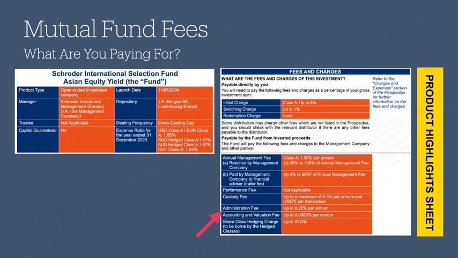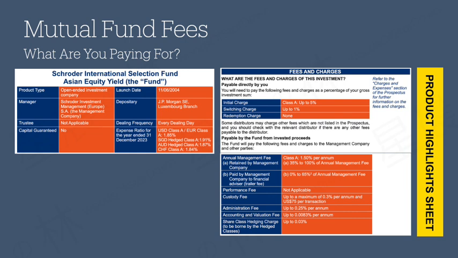Performance fee is not applicable for this fund. The rest of the fees, such as custody fee, administration fee, and below, are what we consider as other expenses. As previously mentioned, these are not fixed, so the fund provider can at best give an up to number for guidance. Again, the PHS is very useful to find out this fee information.